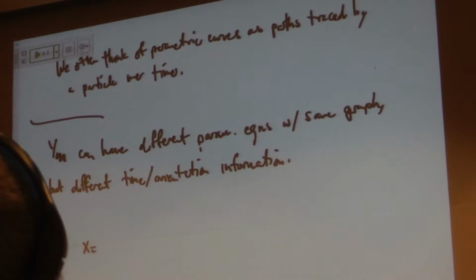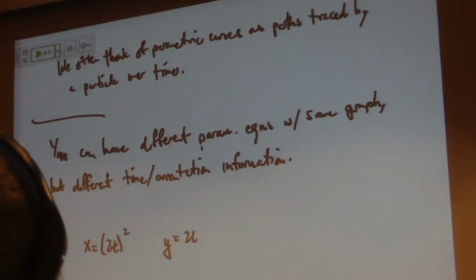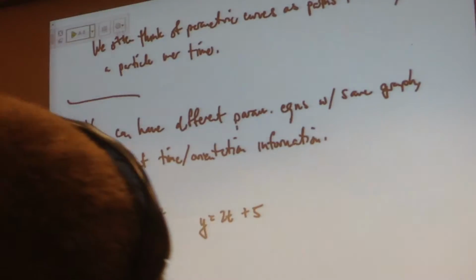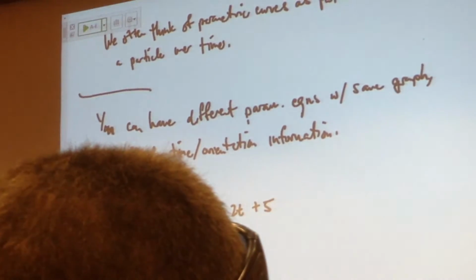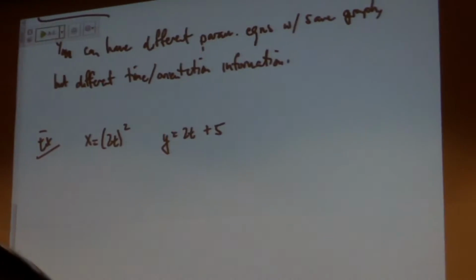How about this? So what's going to be the difference between this set of equations and the previous set? I mean, not the obvious difference, this one has a 2, the other one has a 2. In terms of time and orientation, how would you describe the difference?